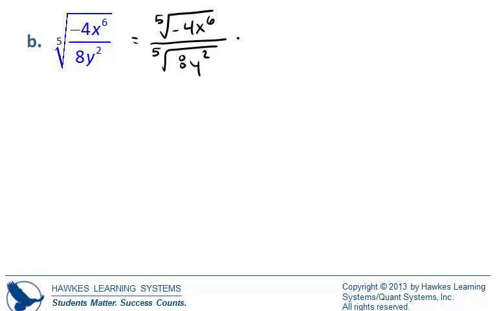So let's look at our denominator right now. The 8 we know could be written as 2 to the 3rd, and we have a y squared. Now I'm not making any changes to the top, I'm simply going to rewrite it.